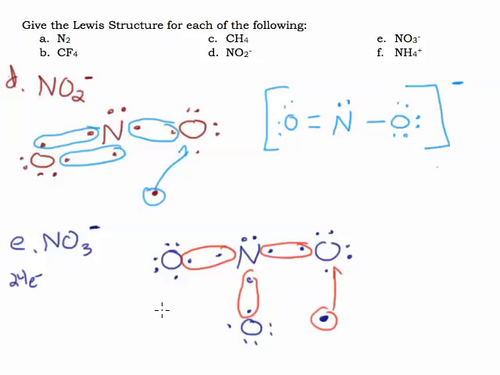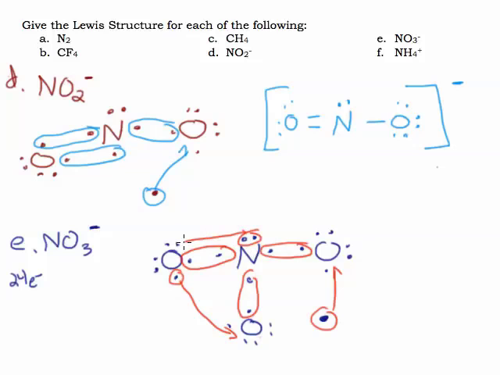So now this guy's satisfied. This one only has 6. So nitrogen is going to be a nice guy and share his unshared pair. So all of this notation is to help us figure it out. The important part is how we draw it afterwards.